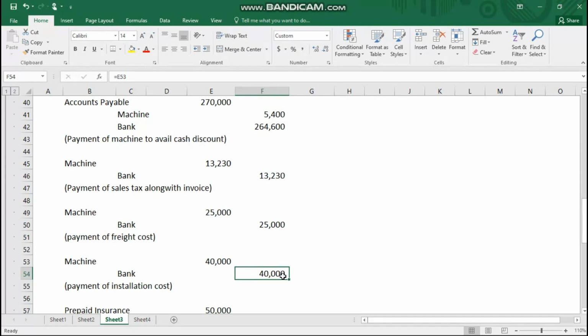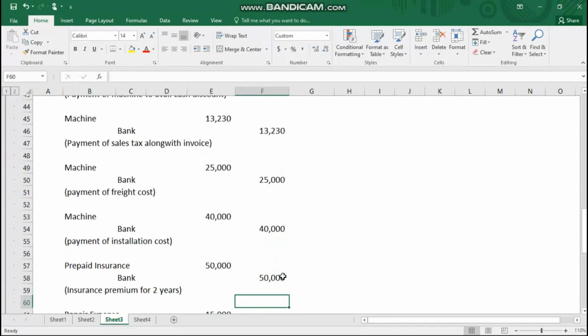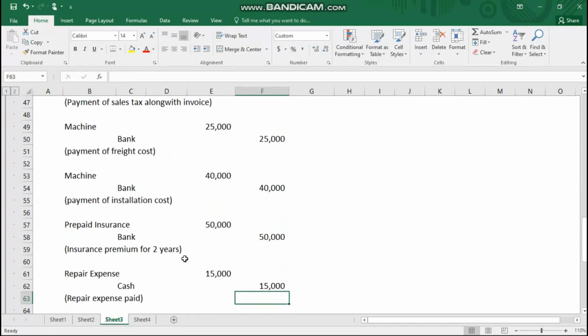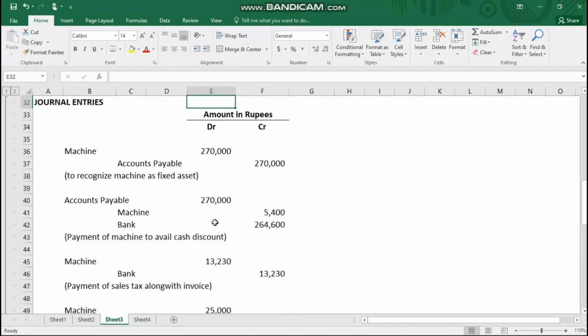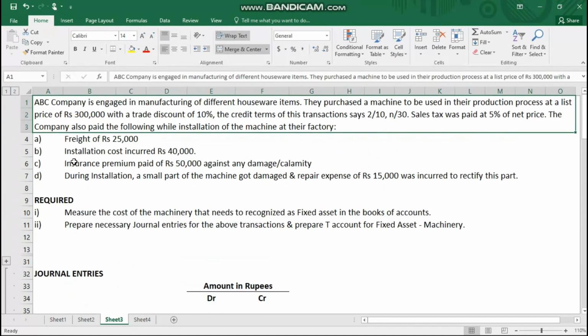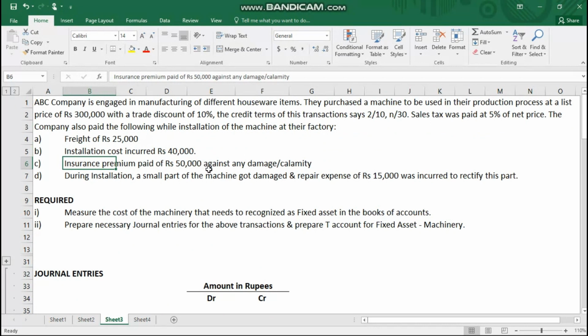Okay, so these are the entries, and there are two more items. One was prepaid insurance. This is an insurance paid for 1 year. If you see here, insurance premium paid for rupees 50,000 against any damage or calamity.